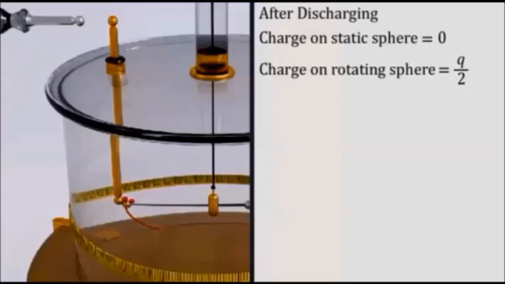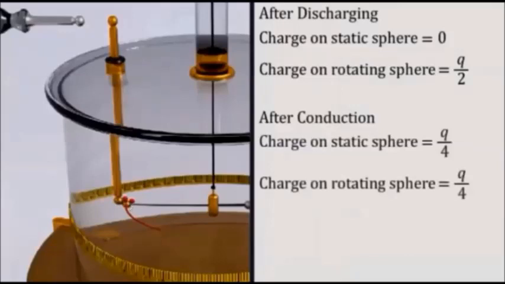And since both have the same size, exactly the same amount of charge will be distributed between them. So after conduction, the charge on the static sphere will be Q by 4 and the charge on the rotating sphere will be Q by 4. And again, the two spheres have the same amount of positive charge within them.